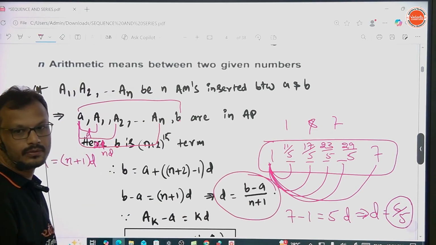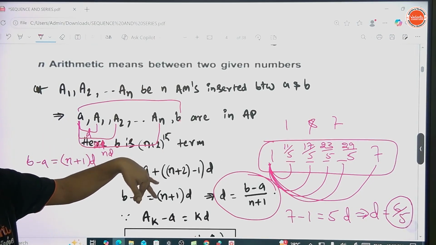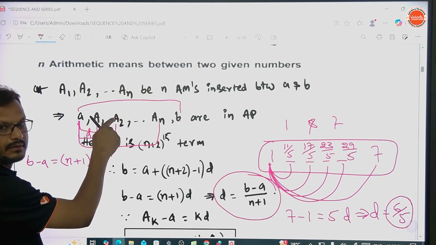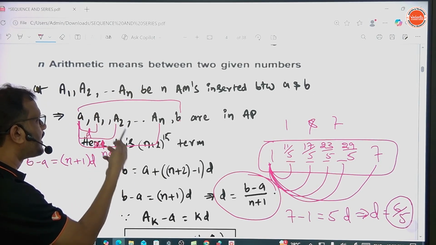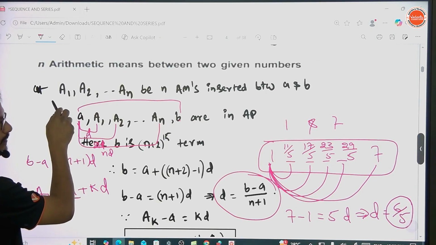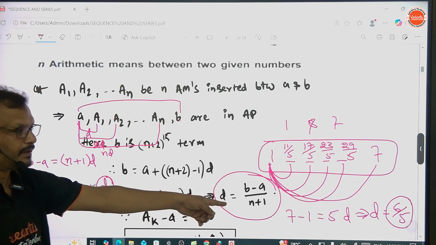But generally, what will we do to get these terms? A1 is what? A plus D. Right? A2 is what? A plus 2D. For example, if you take some number like Ak, so Ak will be what? A plus kD. Correct or not? So now if you want Ak value, A value we know. D value we'll get from this formula.